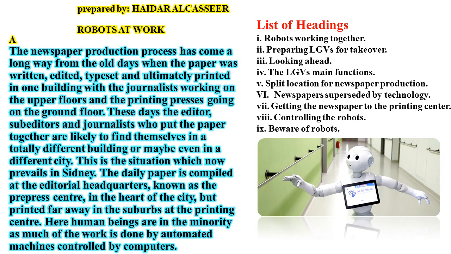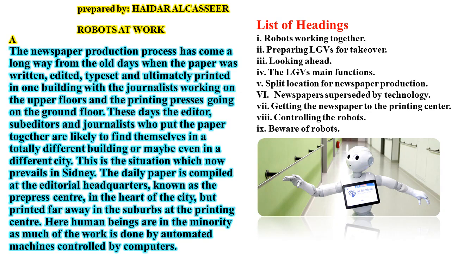Number 5, split location for newspaper production. It's a highly possible answer. Why? Because it talks about the production of the newspaper. Number 6, newspaper superseded by technology. It doesn't talk about technology. Number 7, getting the newspaper to the printing center. I see no getting, transferring, transmitting.